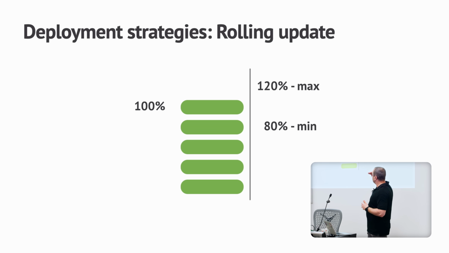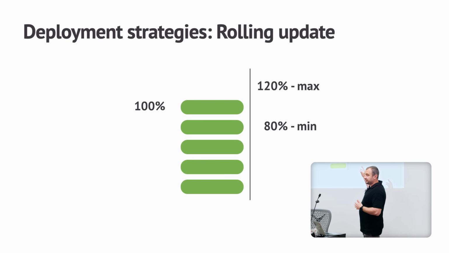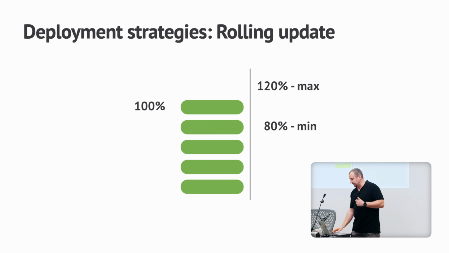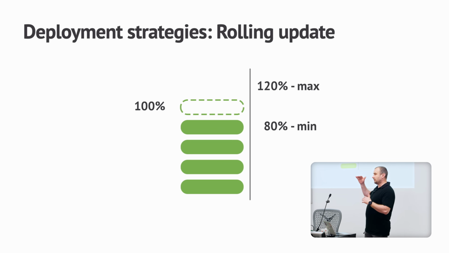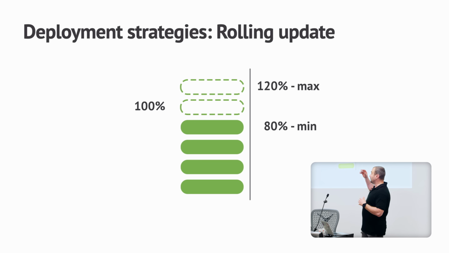If we tell the orchestrator system, never fall below 80%, and you are allowed to grow up to 120%, that would mean that it can shut down one running instance, and it also is allowed to launch an extra one. So it will update 2 instances at a time, and it will affect the deployment speed. The larger the window is, the more instances we can launch in parallel, and the faster the upgrade process will go.